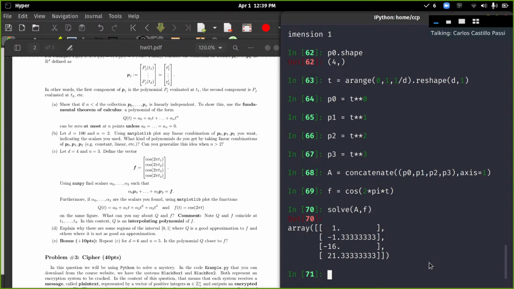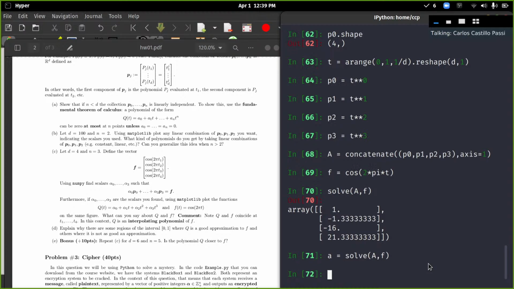And how can you do that? I will save these coefficients as a0 times p0 plus a1 times p1 plus a2 times p2 plus a3 times p3, and I will save this as g.